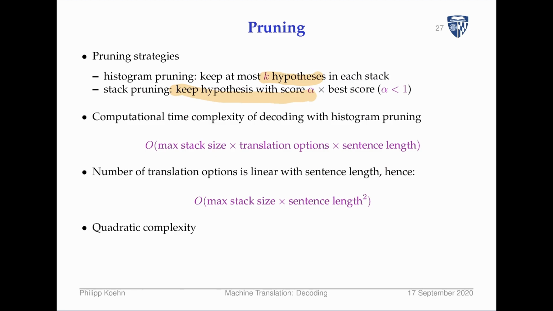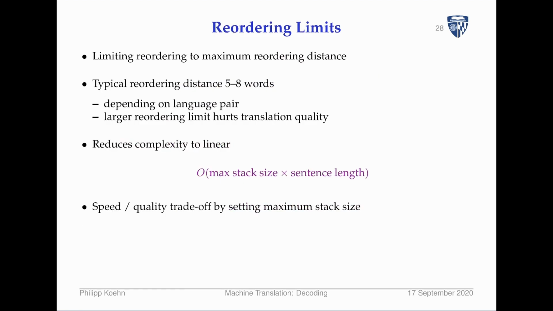So the computational complexity is maximum stack size. That is a fixed number. Translation options has something to do with the length of the sentence. And then the sentence length, this is really how many stacks there are. So it is quadratic complexity unless you also put in a reordering limit.